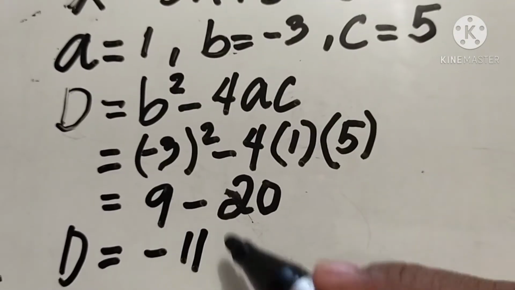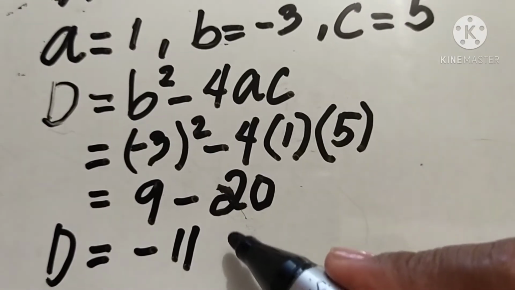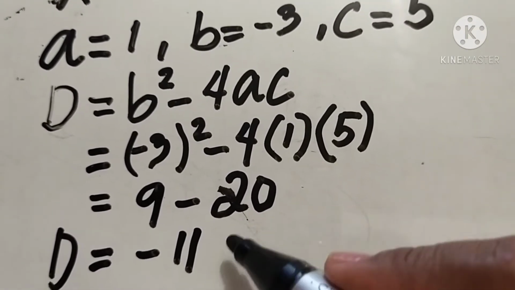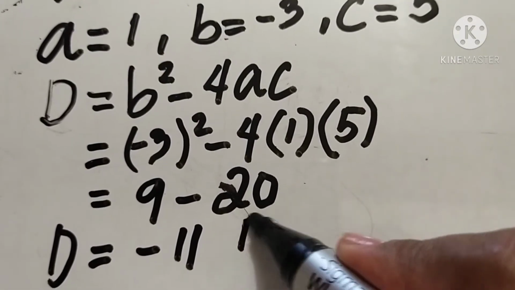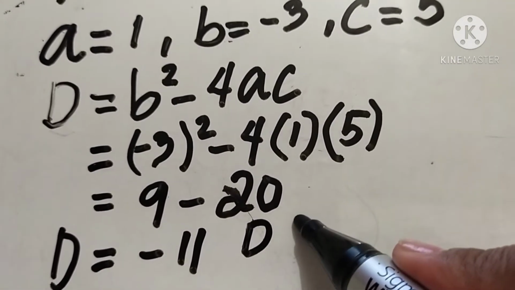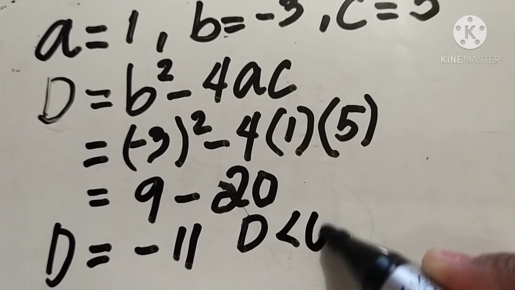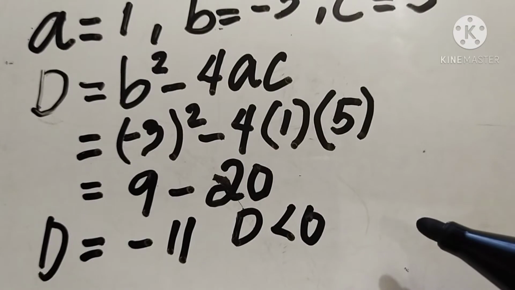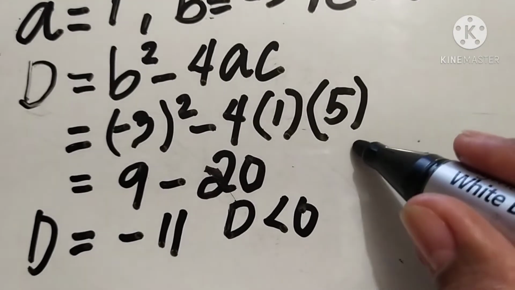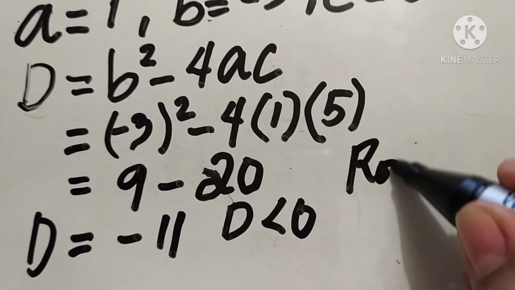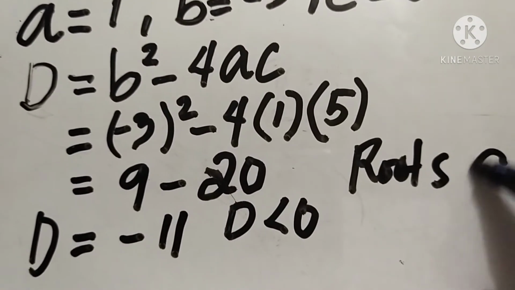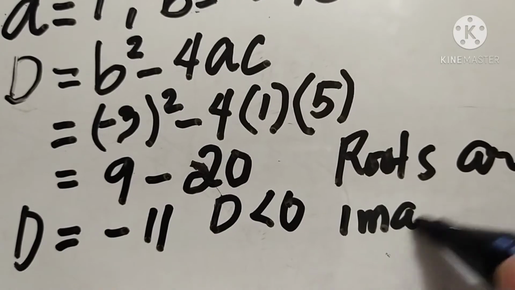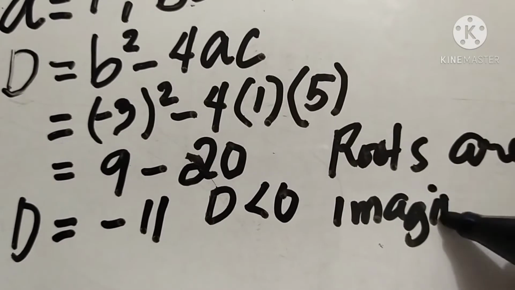As you can see here, the value of the discriminant is negative. So therefore, you can say that the discriminant is less than 0. If the discriminant is less than 0, therefore, you can say the roots are imaginary numbers.